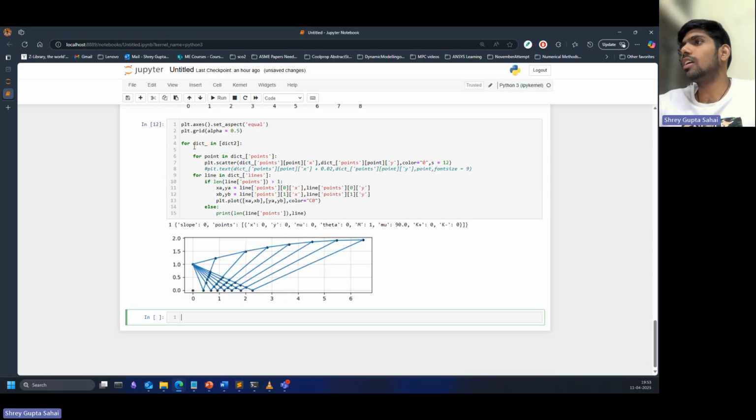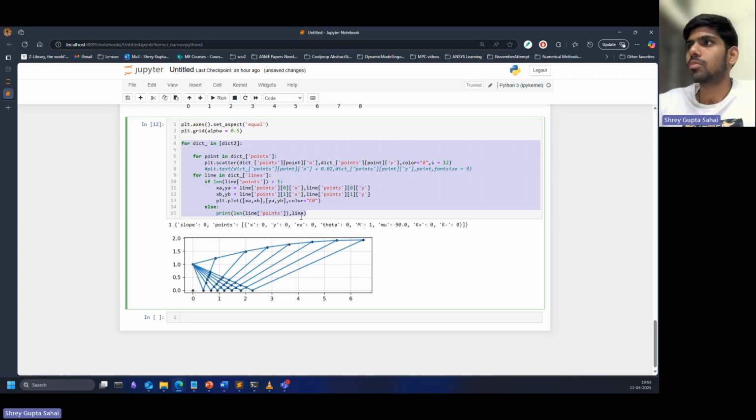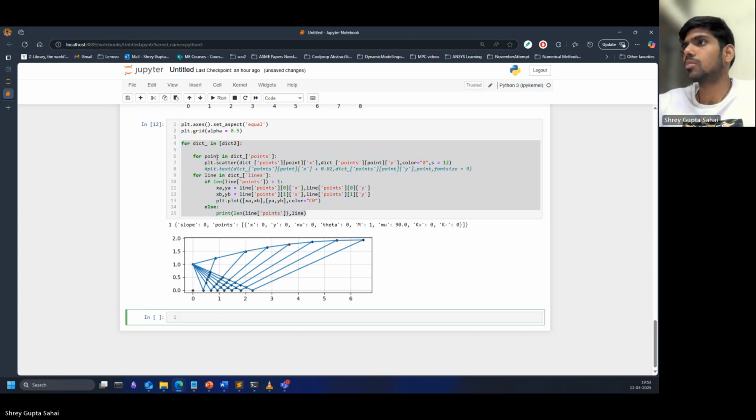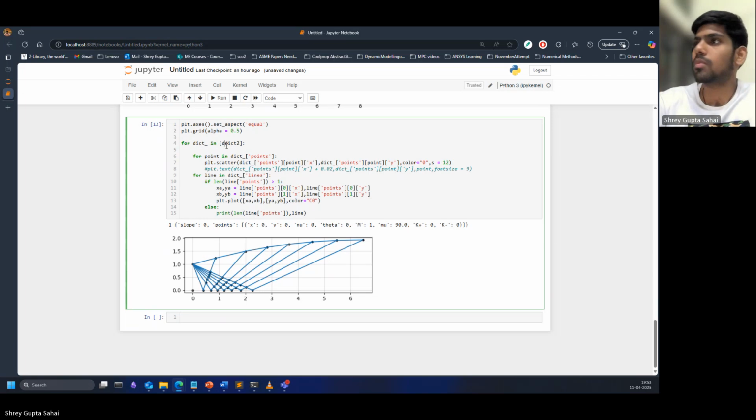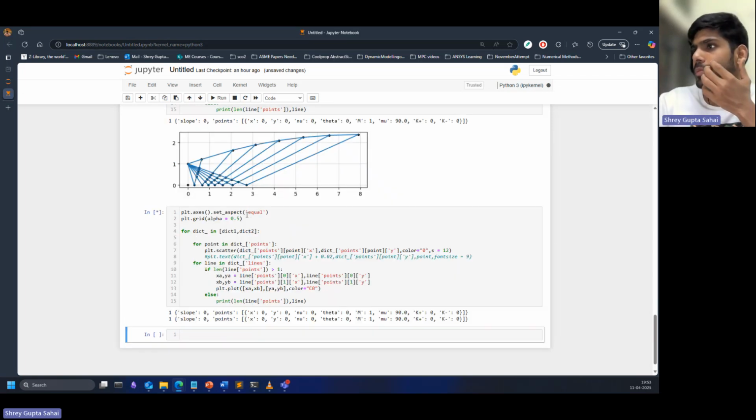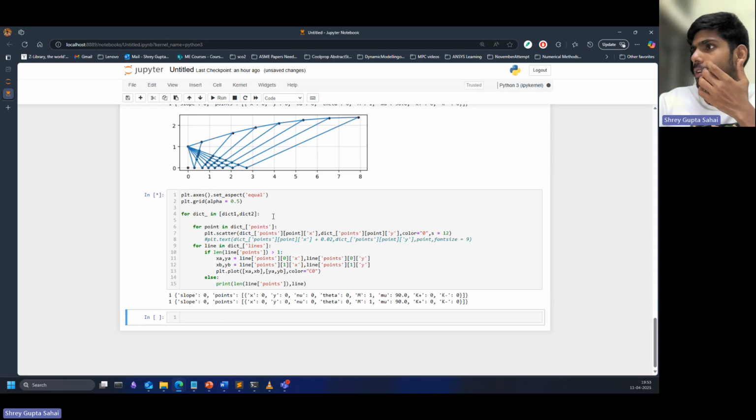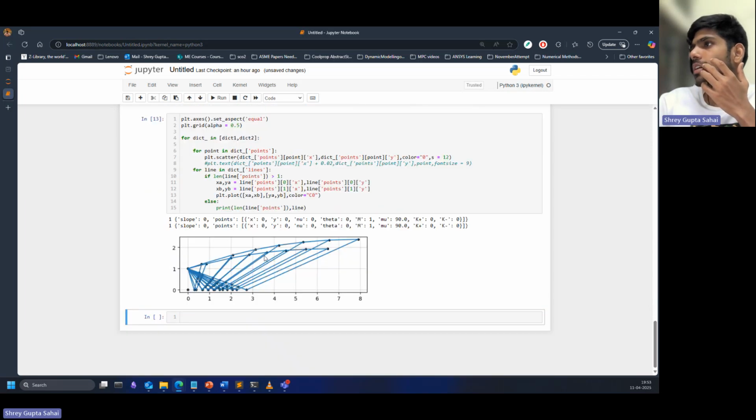So if I want to plot it, yeah, I don't know if I will be able to see it or not. See, you can change the colors. Maybe, yeah.